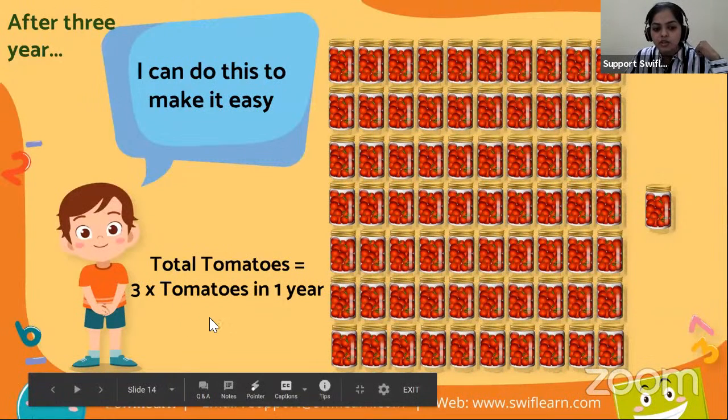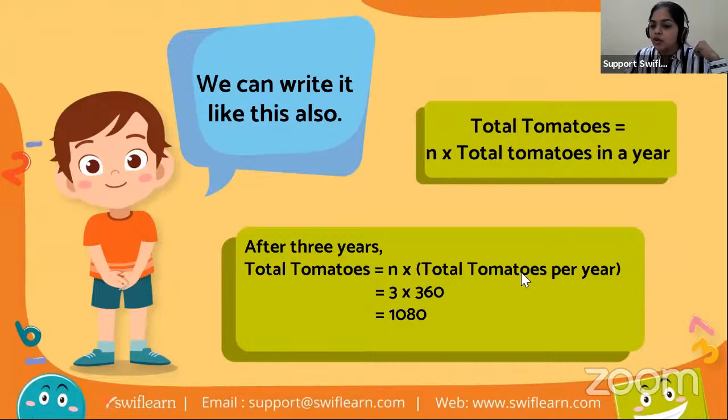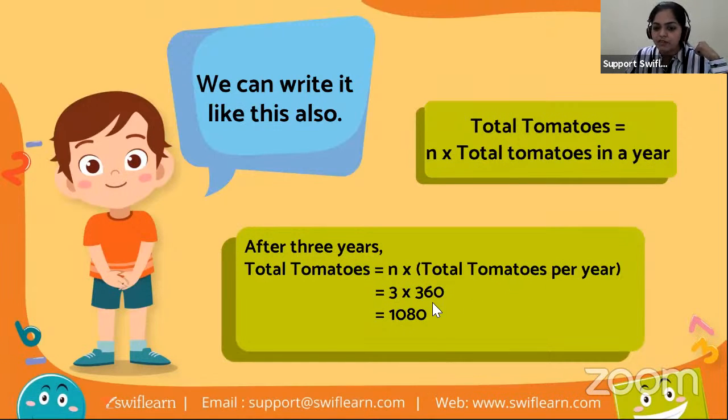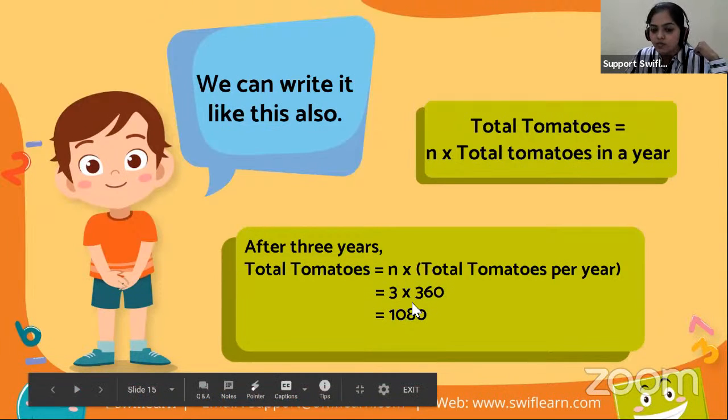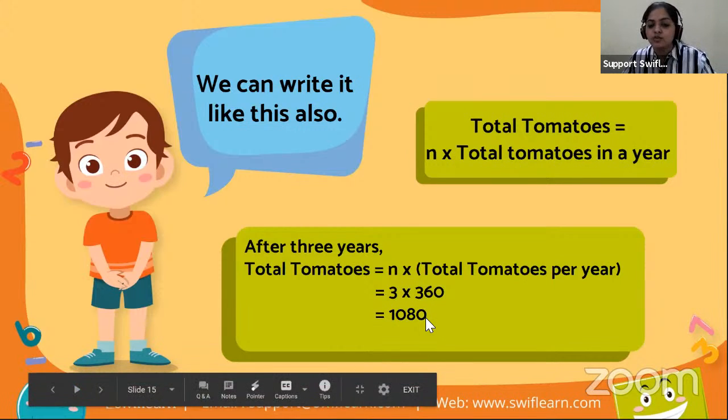So how many tomatoes do we have after 3 years? We multiply 3 by the total number of tomatoes per year, which is 360. So 3 into 360 equals 1080.